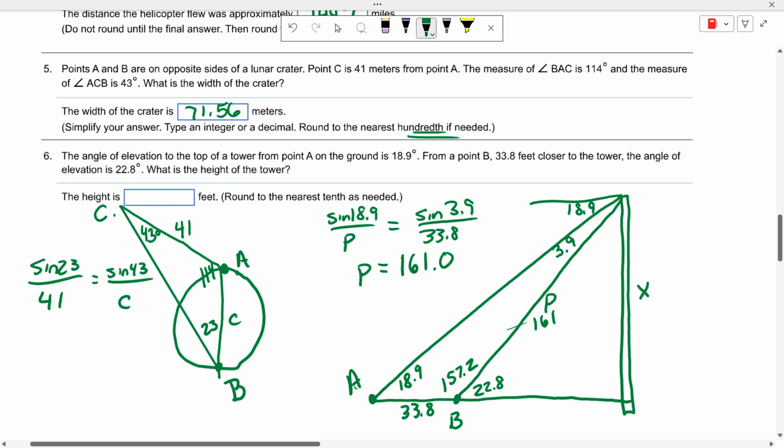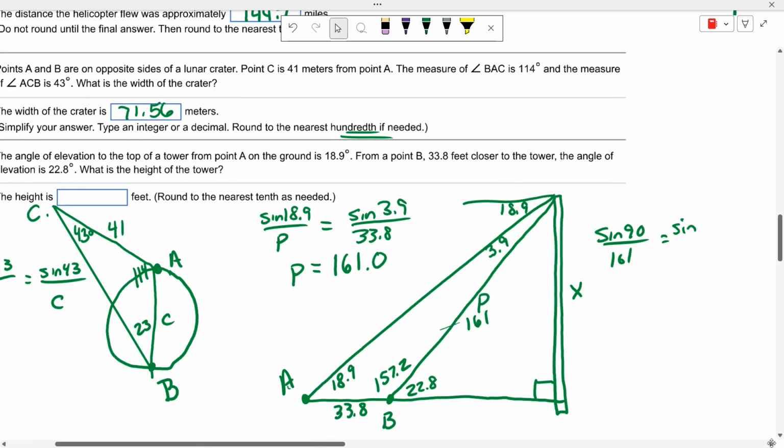You guys agree? We got some agreement on that. So now, how many degrees does this look to be? I would say that that's a 90-degree angle there. So the sine of 90 over 161 equals the sine of 22.8 over its opposite side, x.